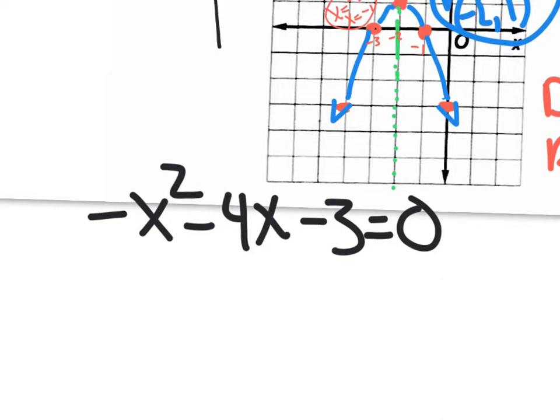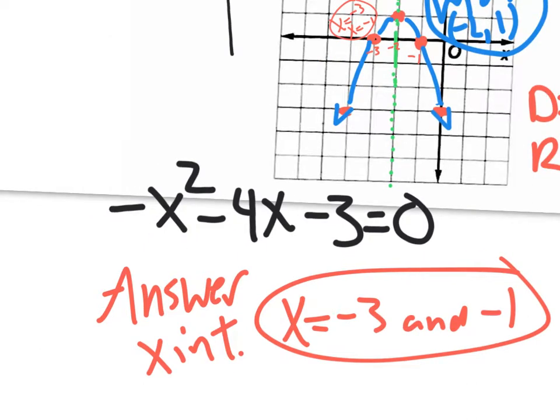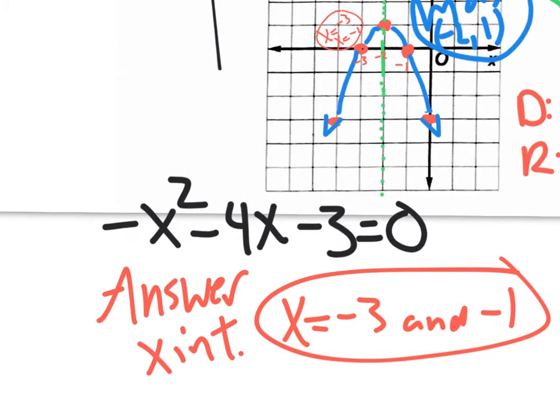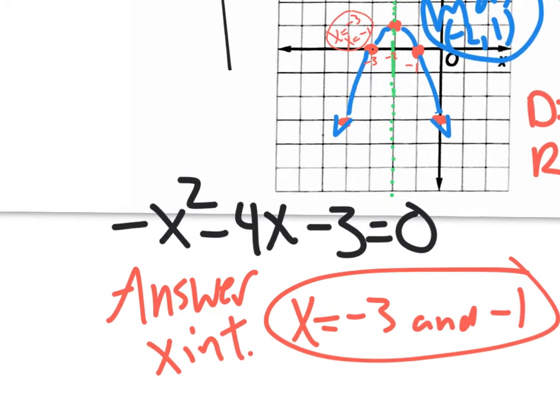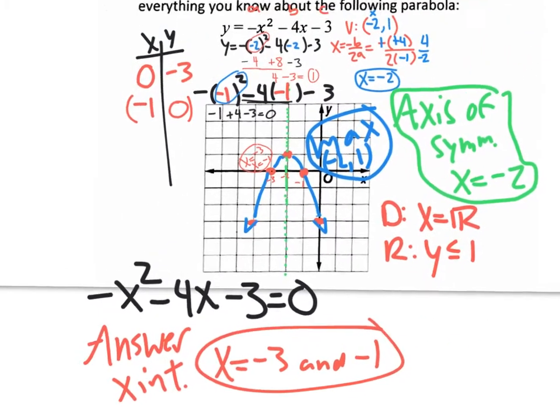So you could also say that the answers or solutions or even x-intercepts are x equals negative 3 and negative 1. I believe that's about all we could possibly say. Yeah, I don't think there's anything else to say about this parabola. We got it. Do we understand everything?